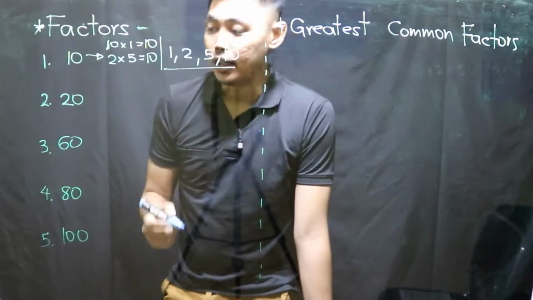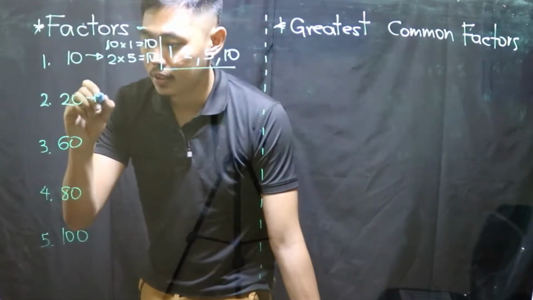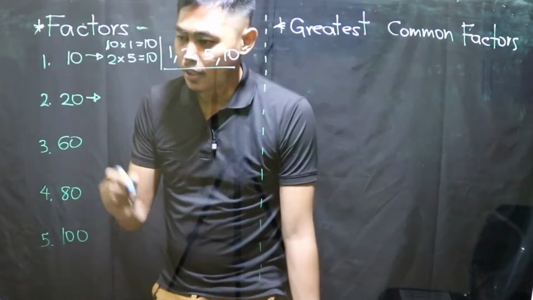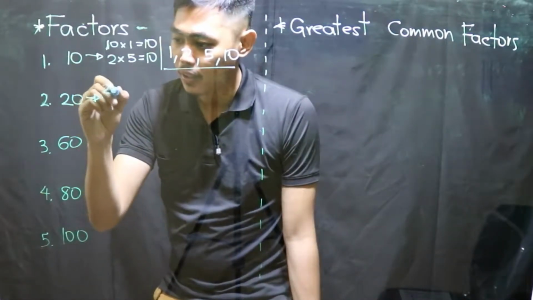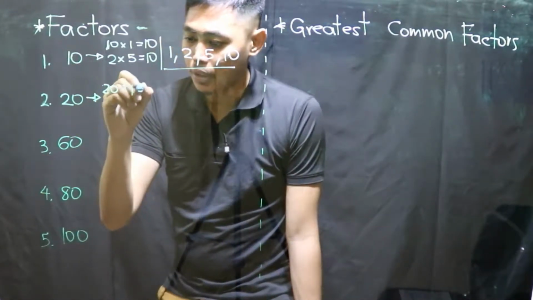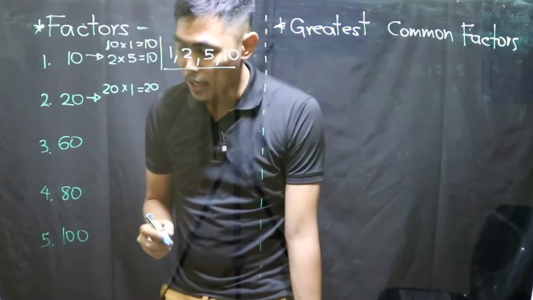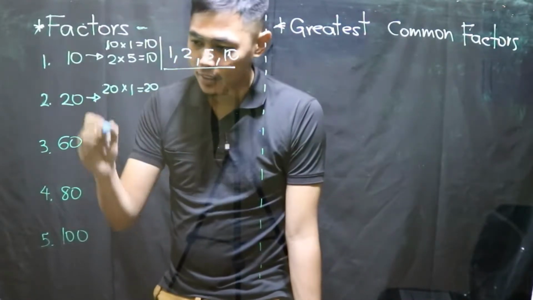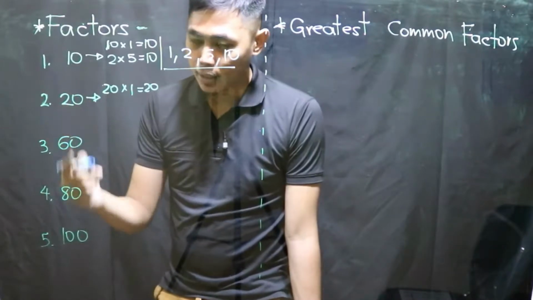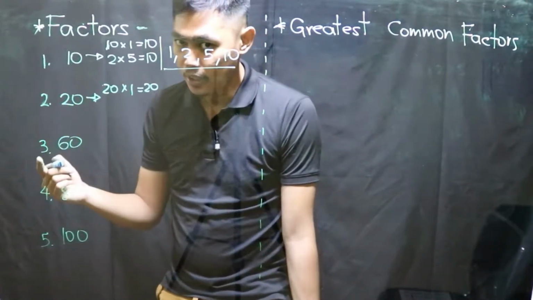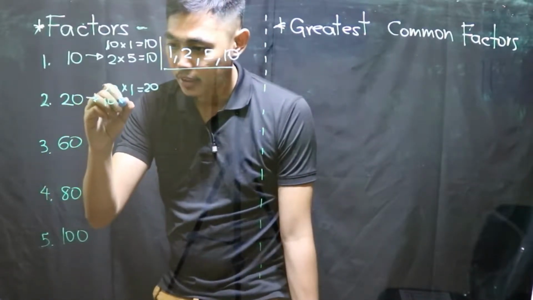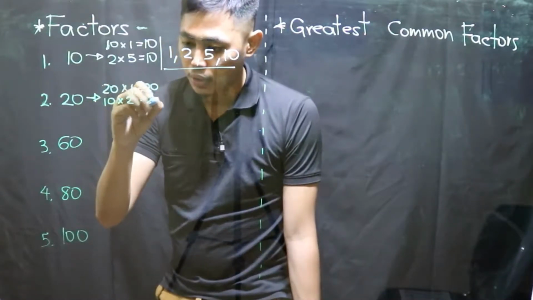Alright? Okay, let's have 20. So let's start with 20 times 1 is equal to 20. How about 20 divided by 2? That would be 10. So we'll say 10 times 2 is equal to 20.